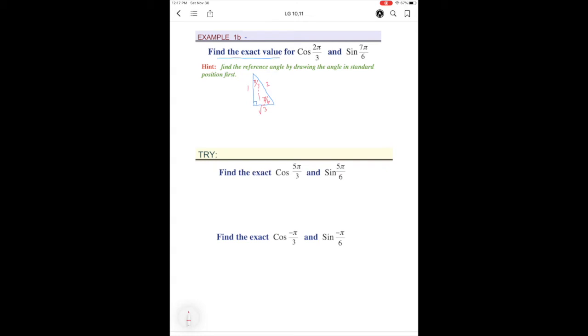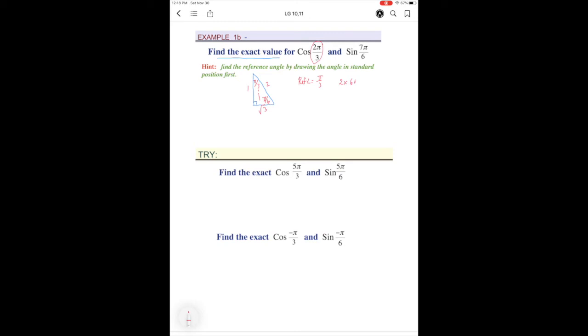I remember this easily because of 3, and then straight across is root 3. Now I want to know what the reference angle is, and what quadrant I'm drawing this in. Going back to the previous, remember pi over 3 is your reference angle.